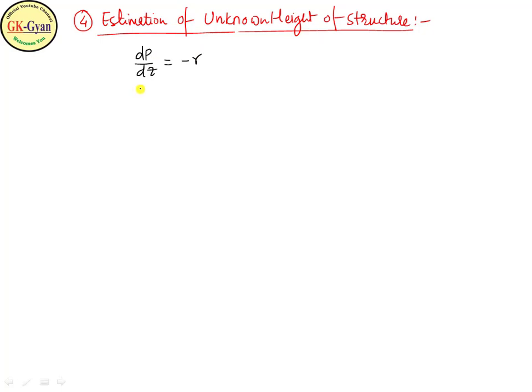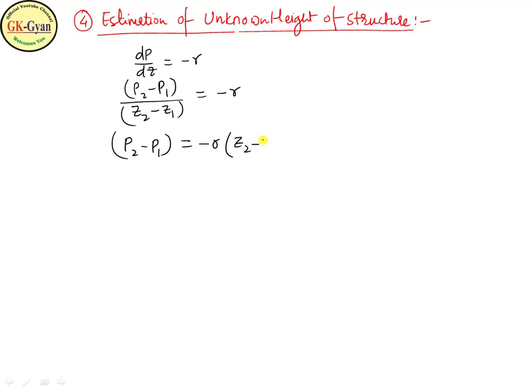So dP will be P2 minus P1, the change in pressure, and dz will be Z2 minus Z1. So P2 minus P1 equals minus gamma times Z2 minus Z1.